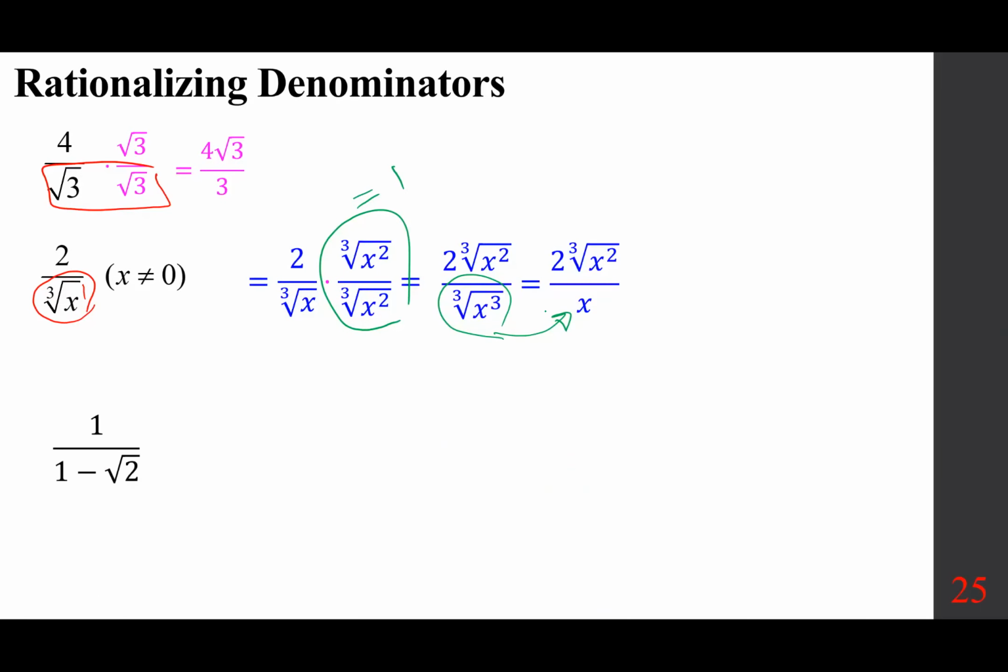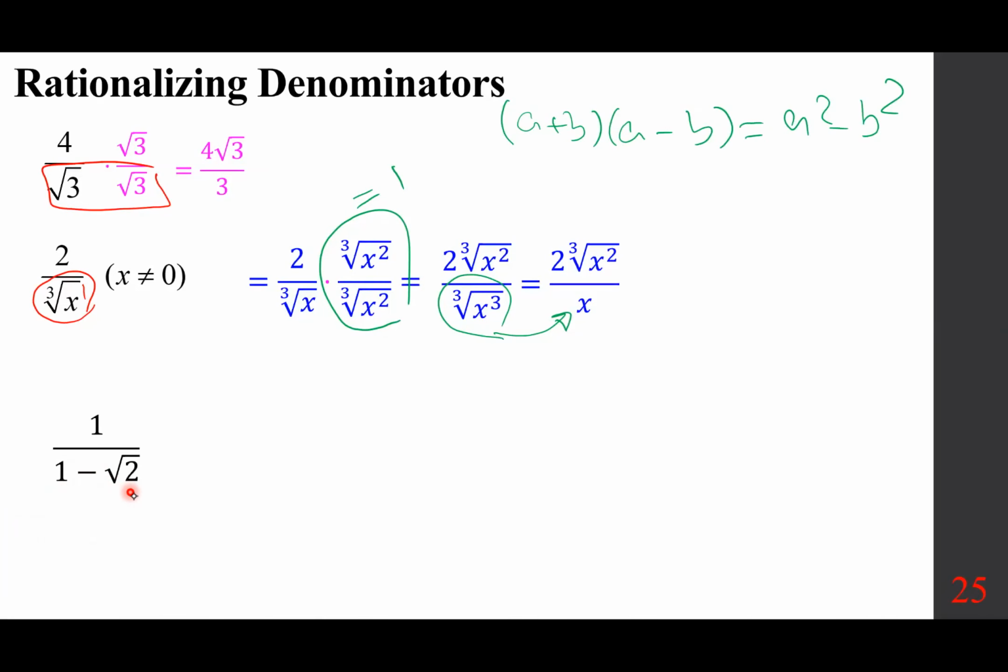Finally, if we have 1 over 1 minus square root of 2, when the denominator has 2 terms, then you have to multiply by the conjugate. And again, remember the conjugate for a plus b is a minus b. Their product is a squared minus b squared. So the conjugate for 1 minus square root of 2 is 1 plus square root of 2.